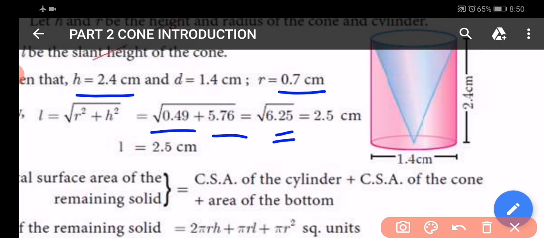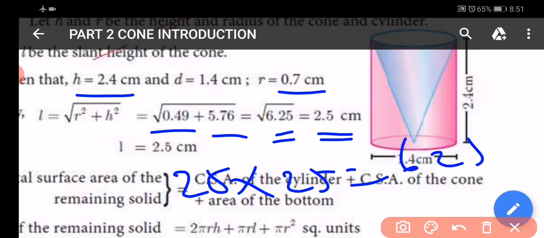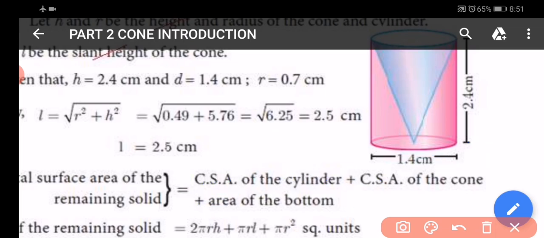Square root of 6.25 is 2.5, because 25 into 25 equal to 625. Therefore l equal to 2.5 centimeter.